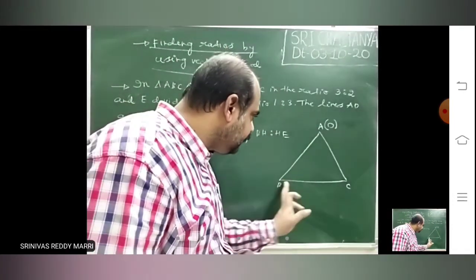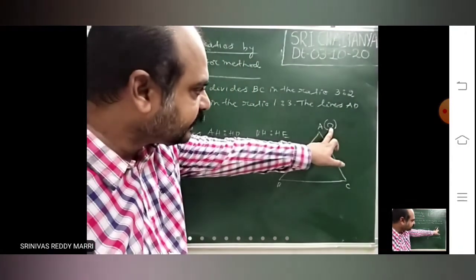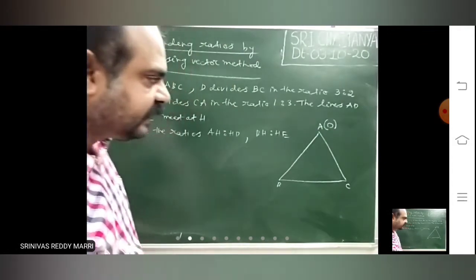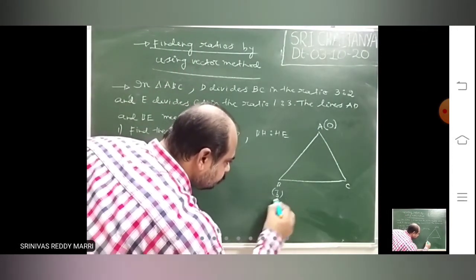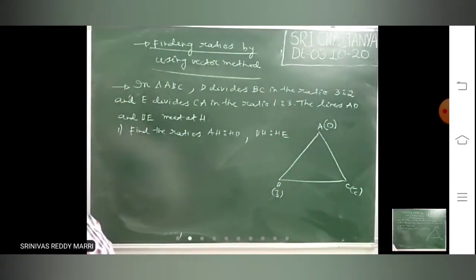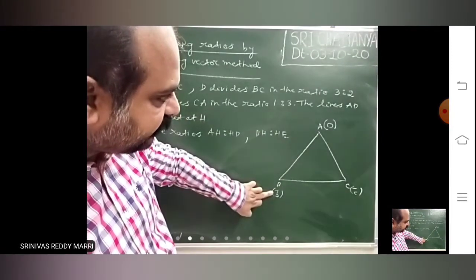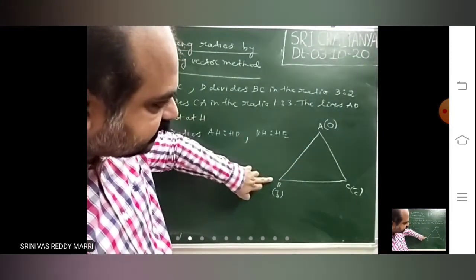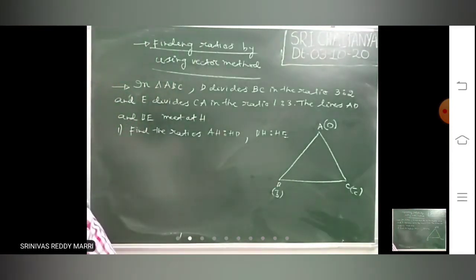Because if you take A bar, B bar, C bar, it will become three variables. Always take it as origin, then two variables you can take. So first write the position vectors by taking one vertex as origin. So this OB bar is B bar, this OC bar is C bar.